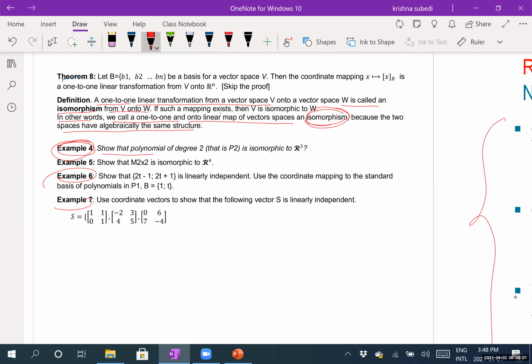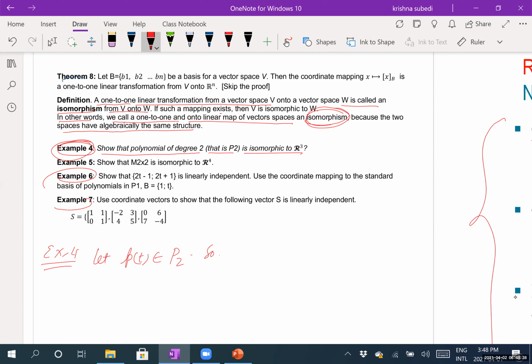Example 4, so that the polynomial of degree 2, that is P2, is isomorphic to R3. Let's complete that. Suppose P of t belongs to P2, polynomial of degree 2.